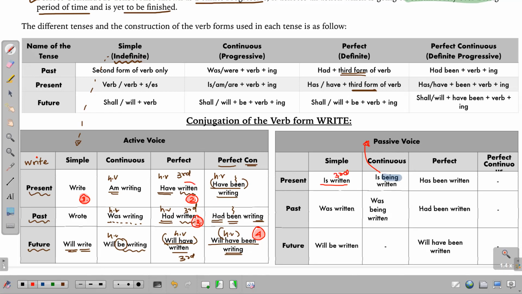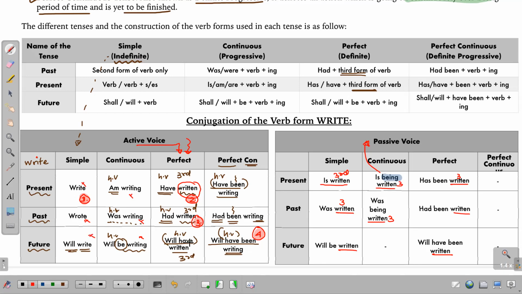So third form clashes with the active voice also, but please remember, all passives will always have the third form. All the 8 passive voices always have the third form of the verb. So the third form will only be conflicting with the perfect tense, because no other tense has the third form.